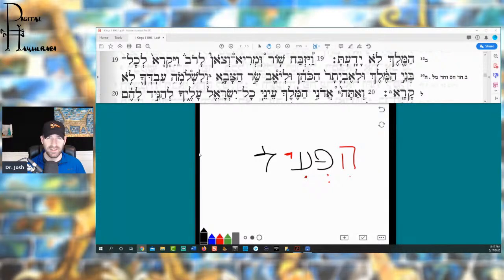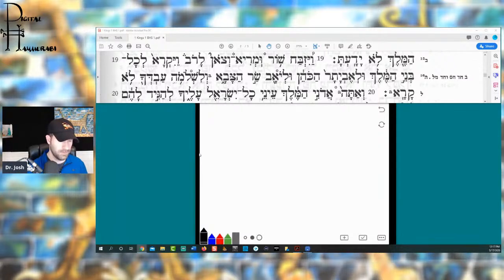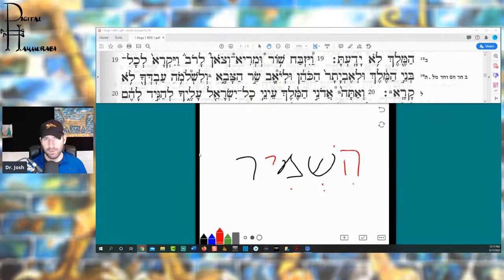I really should have picked out examples of this. It's okay. I don't know that this form actually shows up anywhere, but theoretically, hishmir would be he caused someone to guard. He made someone guard. Again, there might be a lexical nuance if that actually shows up, but theoretically, that would be the idea.